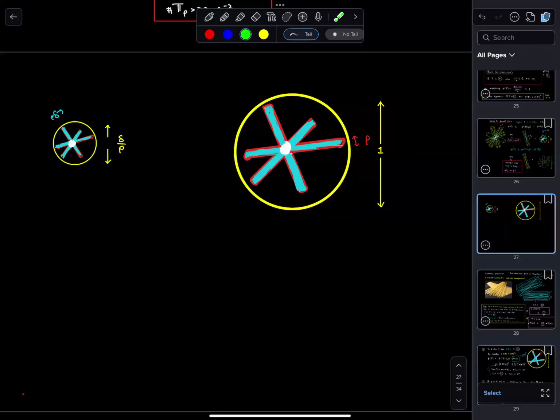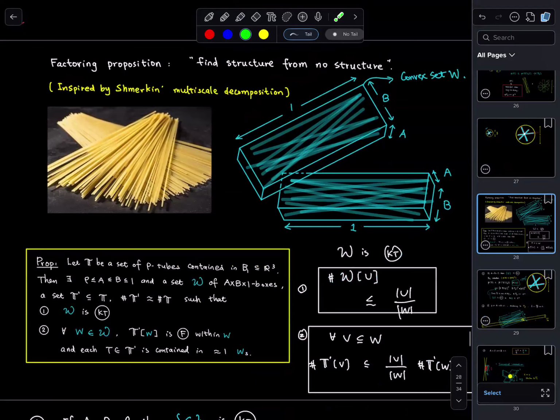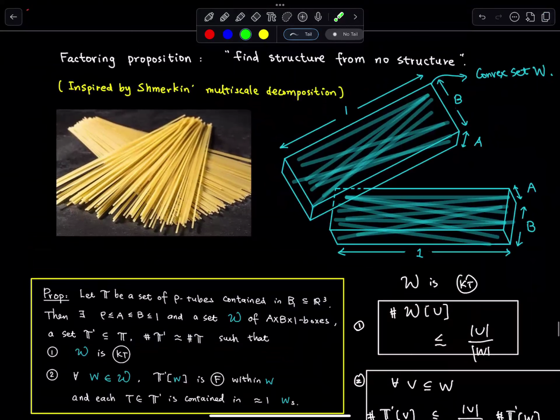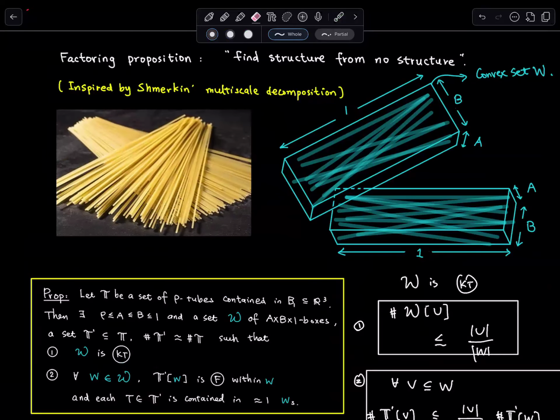And I think the key ingredient for generalizing the sticky Kakeya theorem to arbitrary Kakeya sets is that we were able to apply some scale decomposition or factoring proposition to study an arbitrary set of rho tubes.